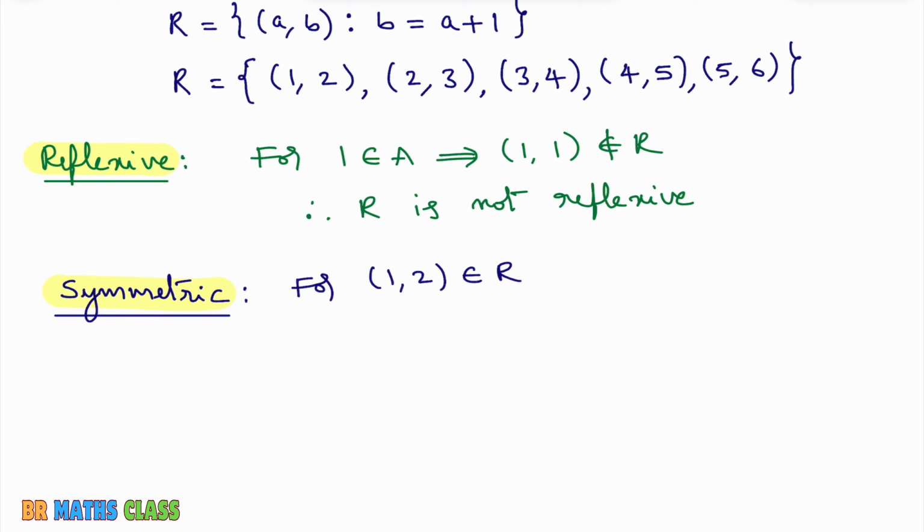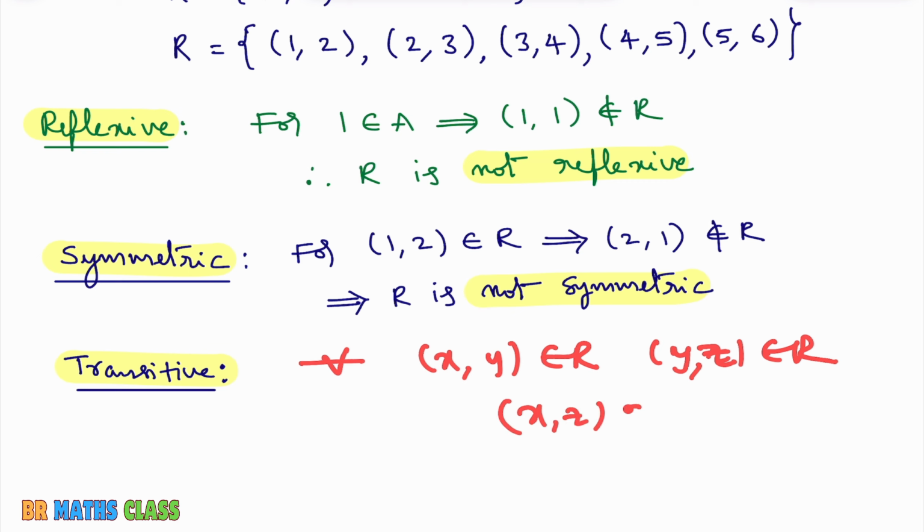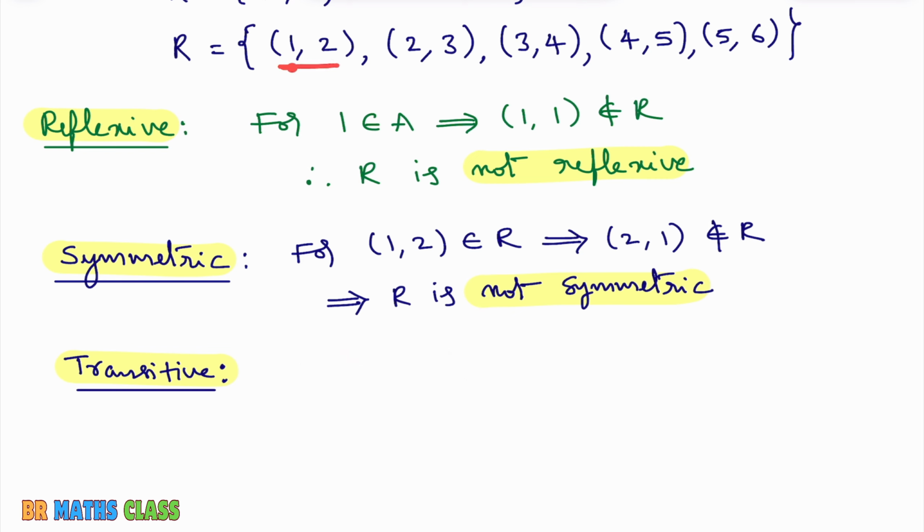Now I'll check the transitive condition. How to check the transitive condition? For every pair (x, y) belonging to R and (y, z) belonging to R, if (x, z) is also present in the relation, then we say the relation is transitive. Now you observe here, this ends with 2.